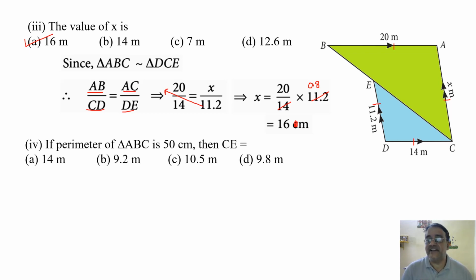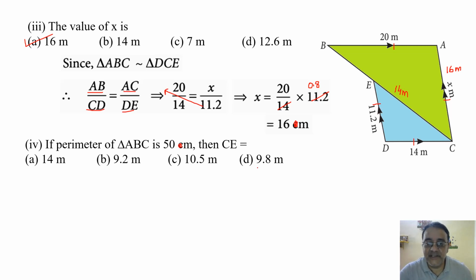If the perimeter of triangle ABC is 50 meter, not centimeter, then CE is equal to dash. Question clear? The perimeter of triangle ABC is given as 50 meter. So what will be BC? We already found 16, and this will be 14 meter. BC, not EC.